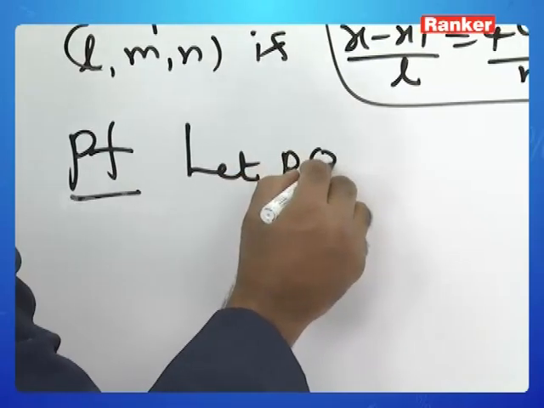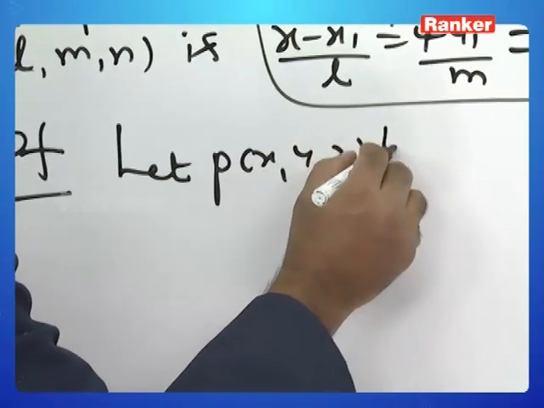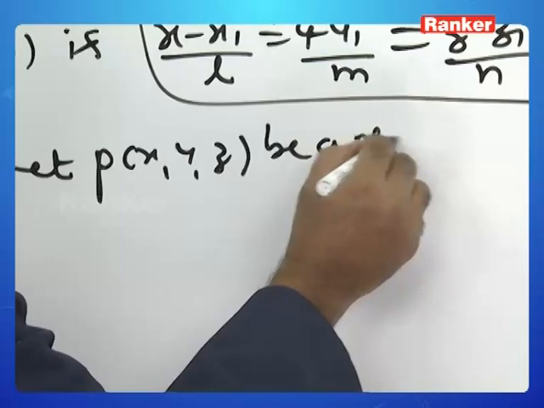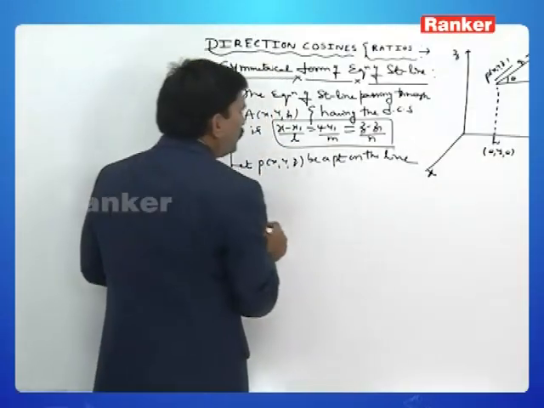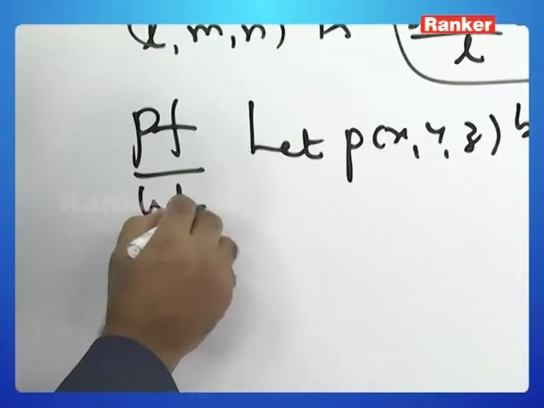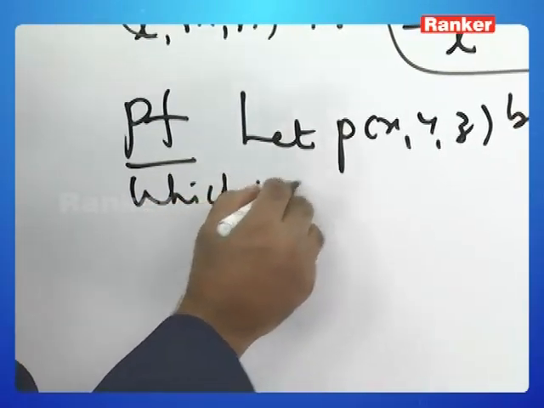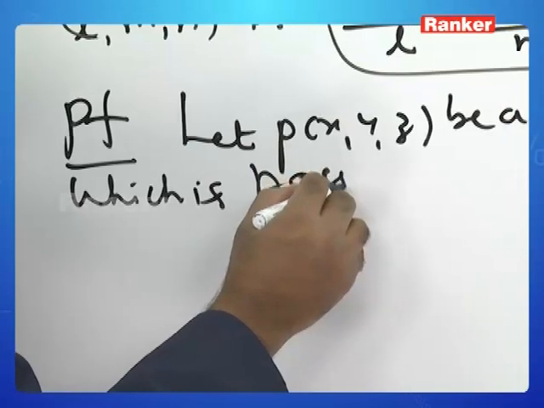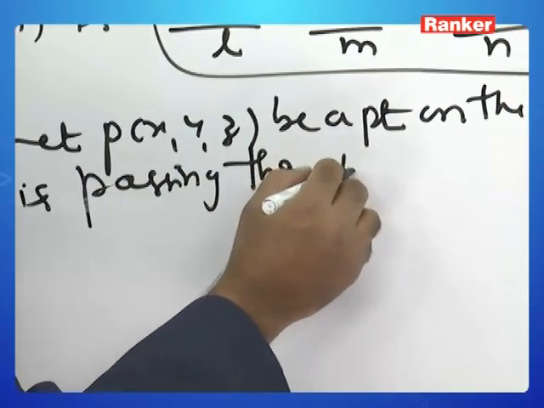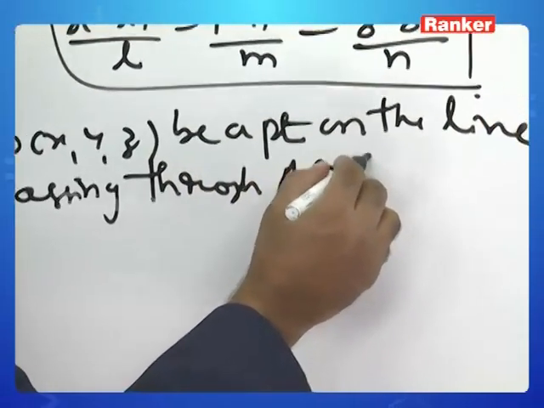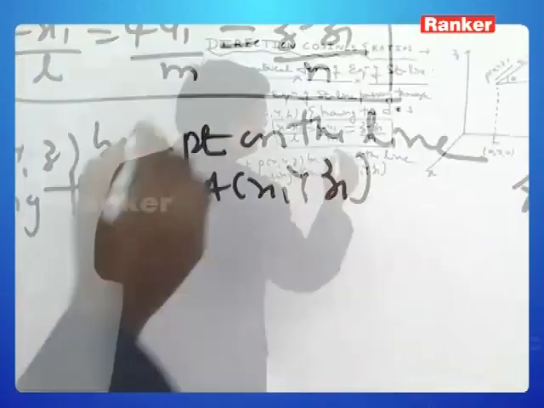Let P of x, y, z be a point on the line which is passing through A of x1, y1, z1.